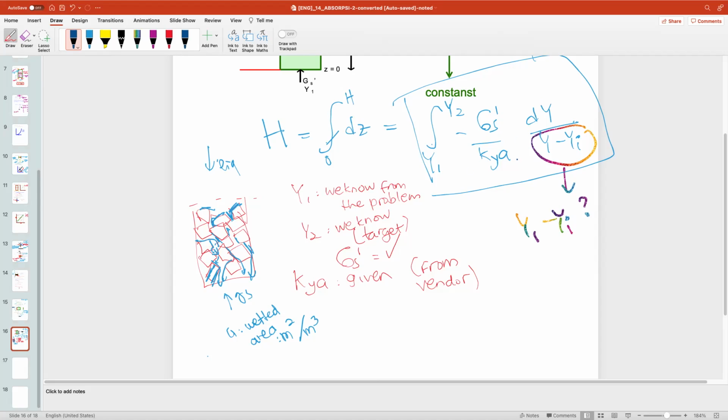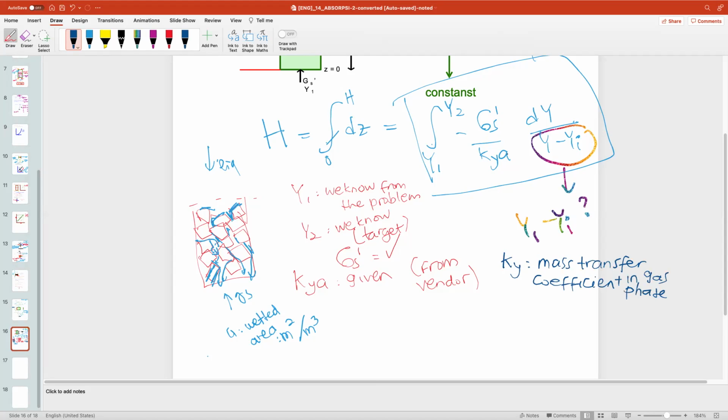And K, if it is small ky, is called the mass transfer coefficient in the gas phase.